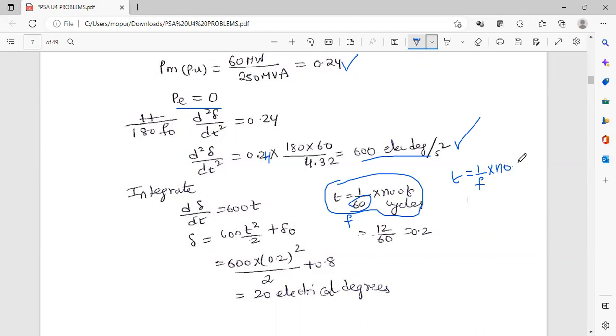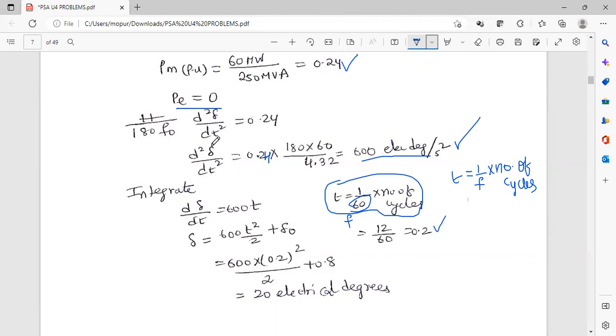They had given 12 cycles, so time period will be 12 by 60, which is 0.2. Now we know d square del by dt square is equals to 600.